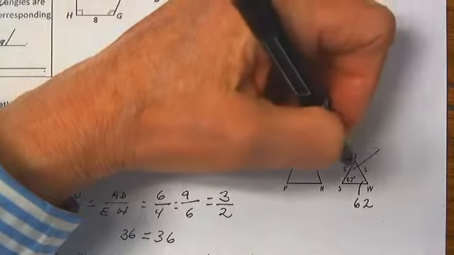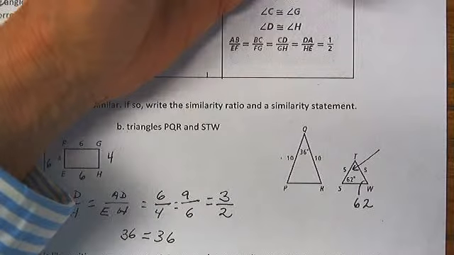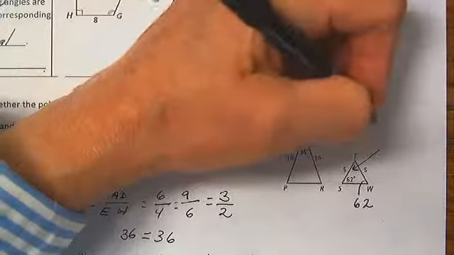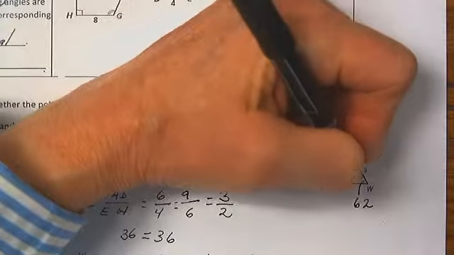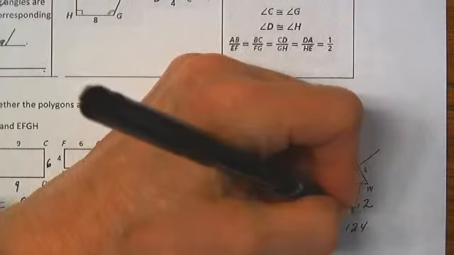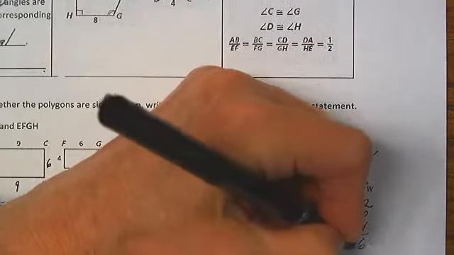So the measure of this angle would be what? Would it be 36? Let's see. 62 plus 62 is 124. 180 degrees minus 124.